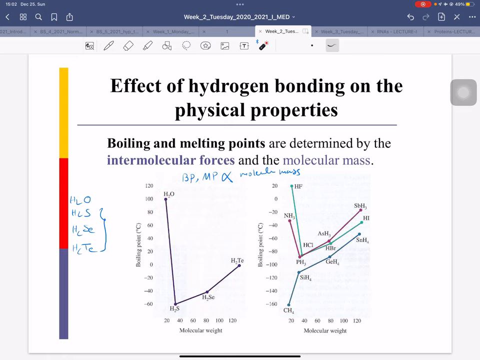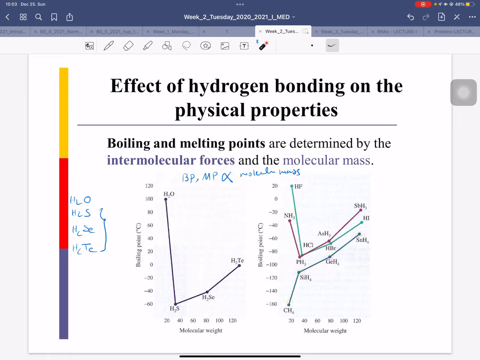Okay? For example, I give another example for group 4: carbon, silicon, germanium, and lead. As you see here, as the molecular mass increases, the boiling point increases.